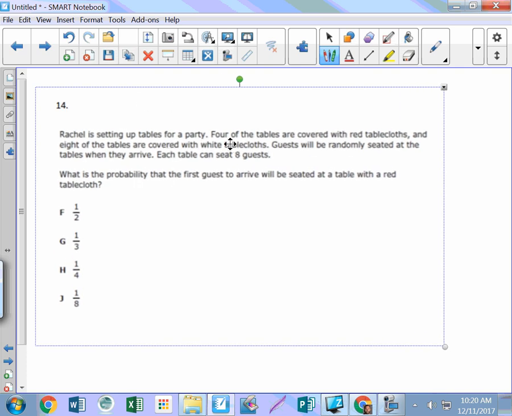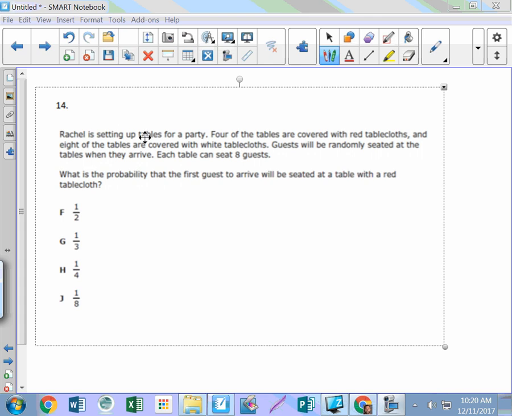Number 14. Rachel's setting up tables for a party. 4 of the tables are covered with red tablecloths, and 8 of the tables are covered with white tablecloths. Guests will be randomly seated at the tables when they arrive. Each table can seat a guest. What is the probability the first guest to arrive will be seated at the table with the red tablecloth?